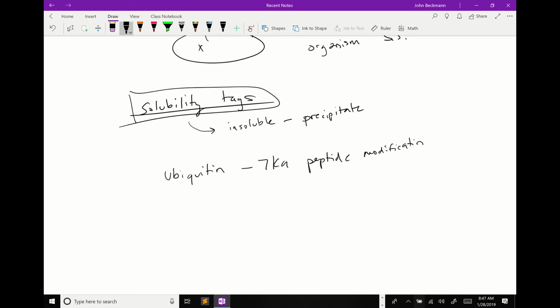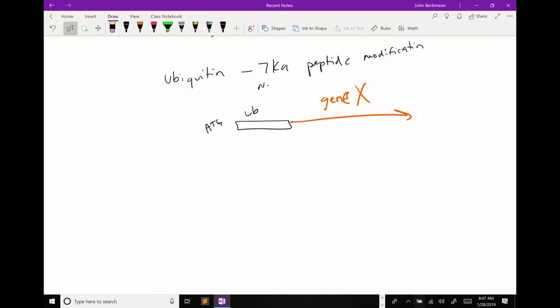So if you have protein X or gene X that's insoluble, sometimes people will put the ubiquitin fused to the N or the C terminus. And now when you make that protein, it no longer precipitates, because the ubiquitin stays in solution. It holds it in solution. Does that make sense? That's a solubility tag.